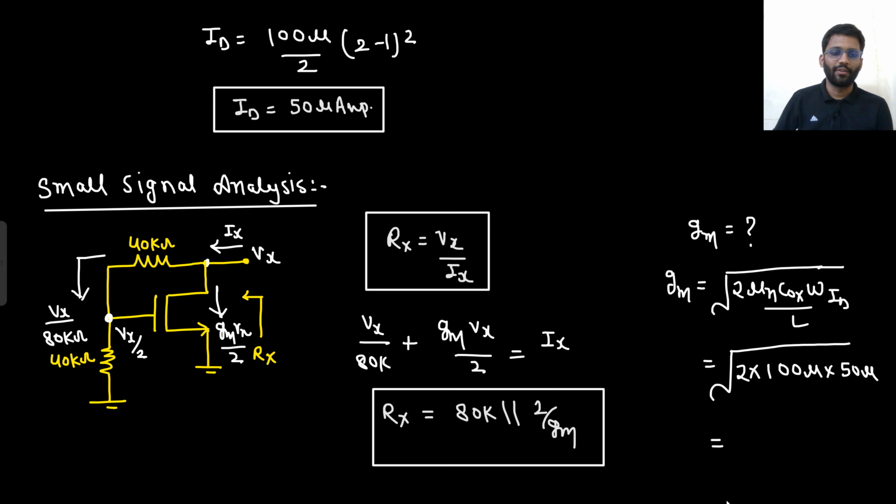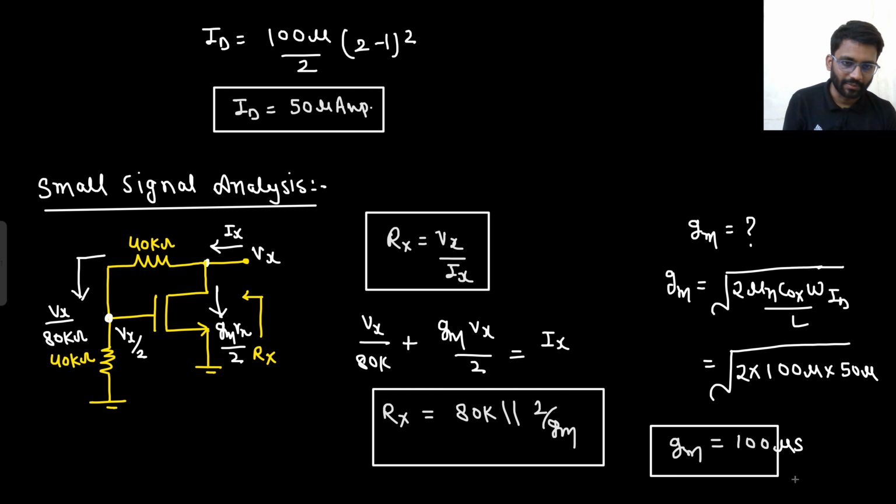Your answer would be 100 into 100. So that would be 100 and micro will come out. So 100 micro. What is 100 micro? Gm is 100 microsiemens. You can calculate this, you will get 100 microsiemens.